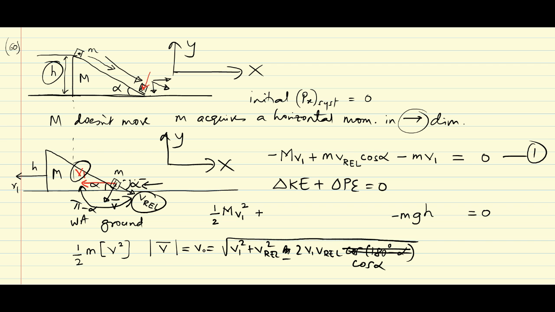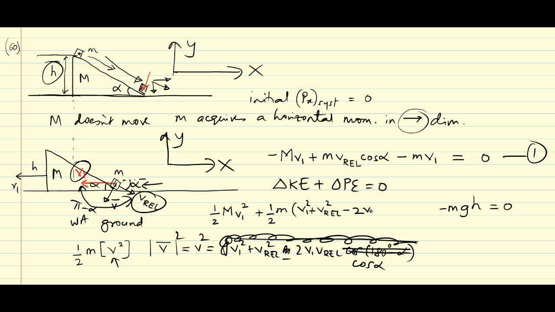So that's mod v bar or v, and here I've got the square, so I square this, and I remove the root sign, and that's what I'm going to put over here. The final kinetic energy of small m in the ground frame is half m into this big thing, v1 square plus v relative square minus 2 into v1 into v relative into cos alpha.